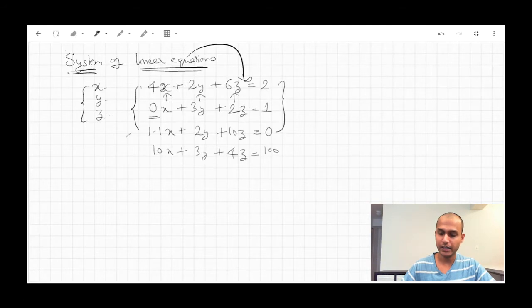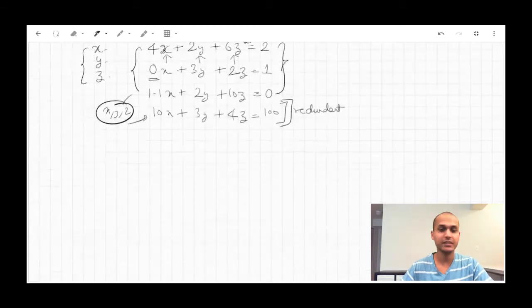But the values of x, y, and z that I find may not satisfy this last equation. So if the number of equations is more than the number of unknowns, hopefully the additional equations are redundant in some way. We'll revisit this point potentially later.